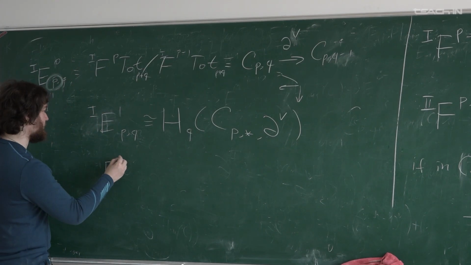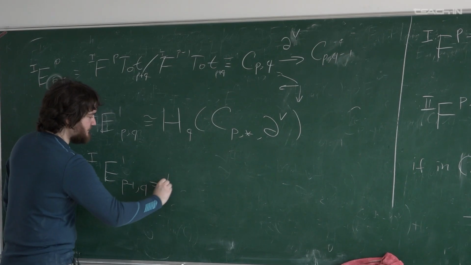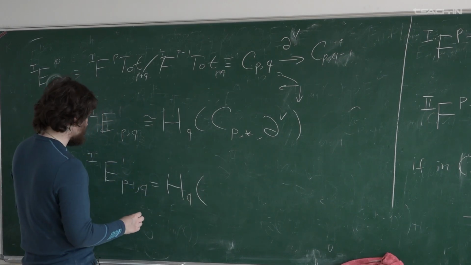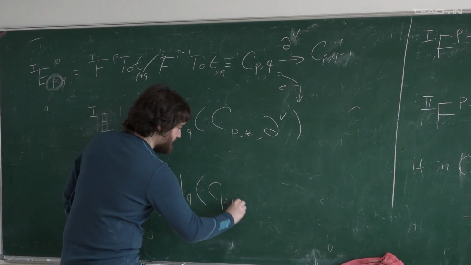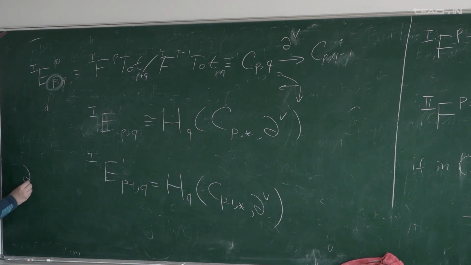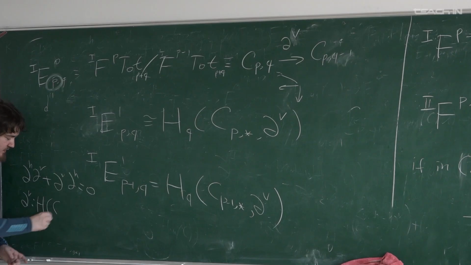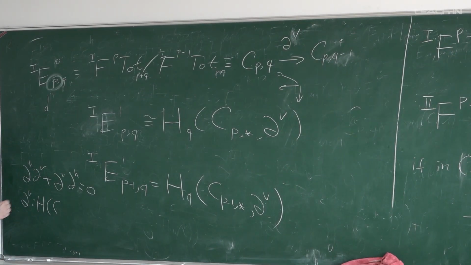And now we have the horizontal one. Because of this equality, the horizontal differential correctly induces a map on homologies with respect to the vertical one.